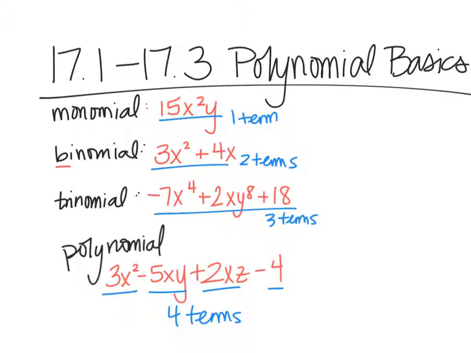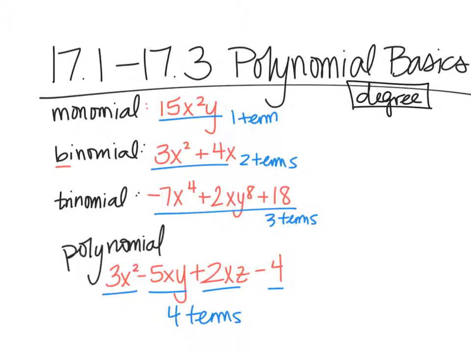Another way to measure polynomials is by degree, and the degree has to do with the exponents and how many, it's kind of a weird way to think about it, but it's like how many letters are in a given term.